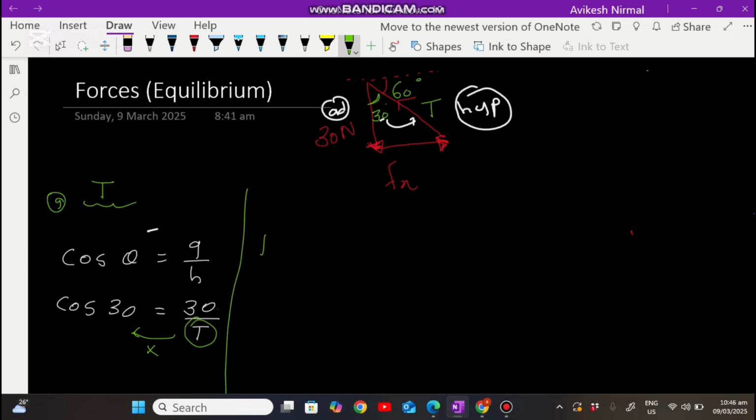So that means tension multiplied by cosine of 30 is equal to 30 newtons, and I divide both sides by cosine of 30.